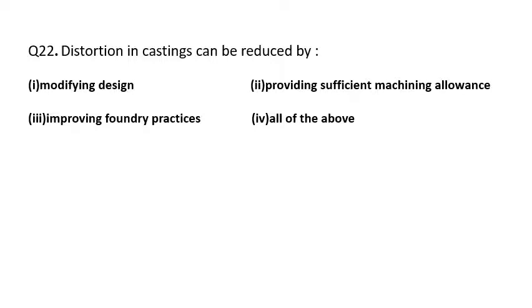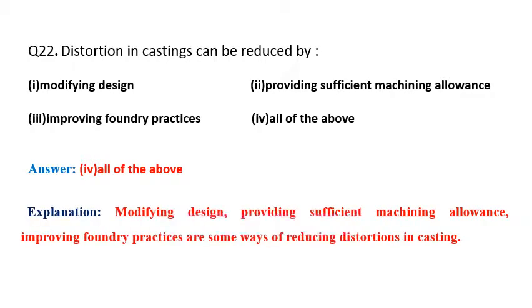The correct answer is option 4, all of the above. Modifying design, providing sufficient machining allowance, and improving foundry practices are some ways of reducing distortion in casting.